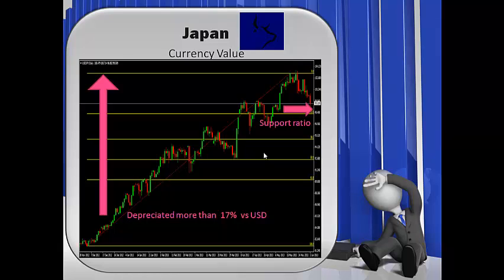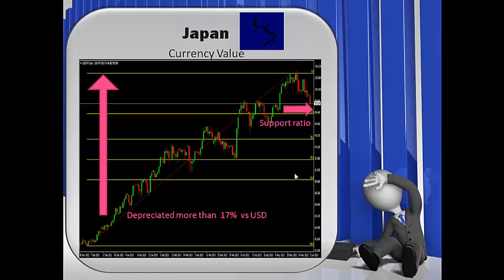When they increase the supply, what happens to the price? The price will tend to move lower and lower, and this is exactly what we see in this slide: 17% depreciation from August 2012 all the way to April.